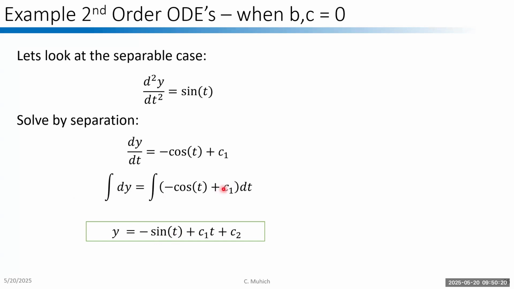I have to take the antiderivative of c1, so that's c1 t, and then plus my second constant of integration, c2. And so my second derivative of y with respect to t equaling sine t is solved by this functional form. I highly recommend that you double check this by taking the second derivative of this functional form, and you should end up with that original starting case.